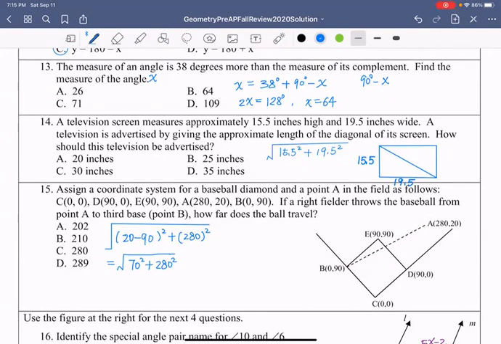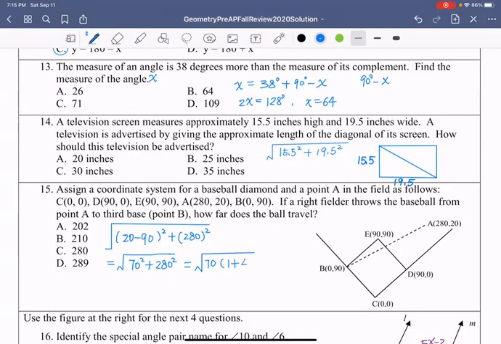Okay. 70 and 280, what do they have in common? They both have a 0, or they're both divisible by 70. Good job. So what I'm going to do, I'm going to take 70 out, right? And then 1 plus who? 4.